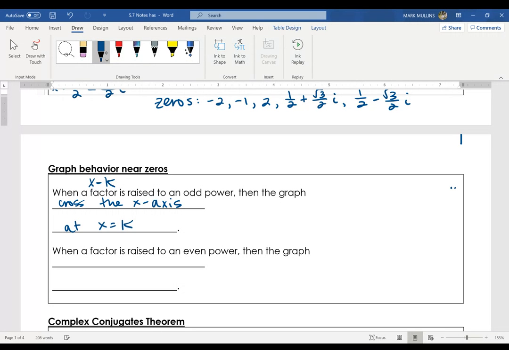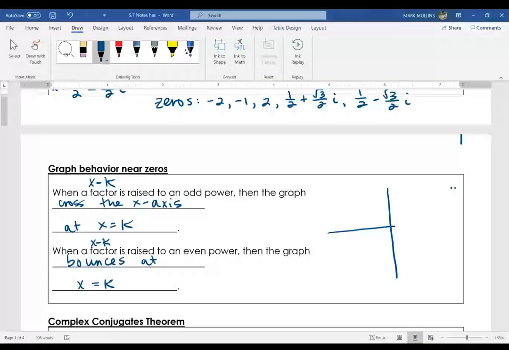The next one was when a factor, and by a factor, I'm going to say x minus k, is raised to an even power, then the graph bounces at x equals k. So let's look at what that means.